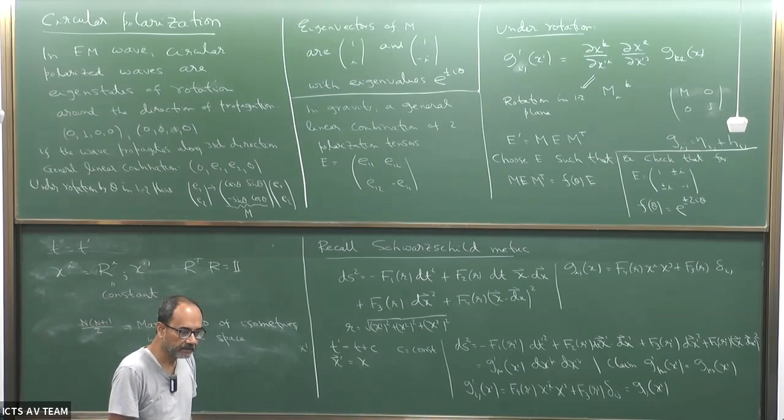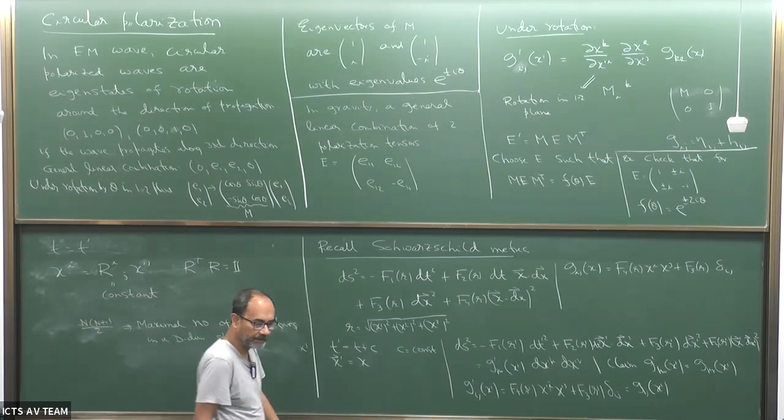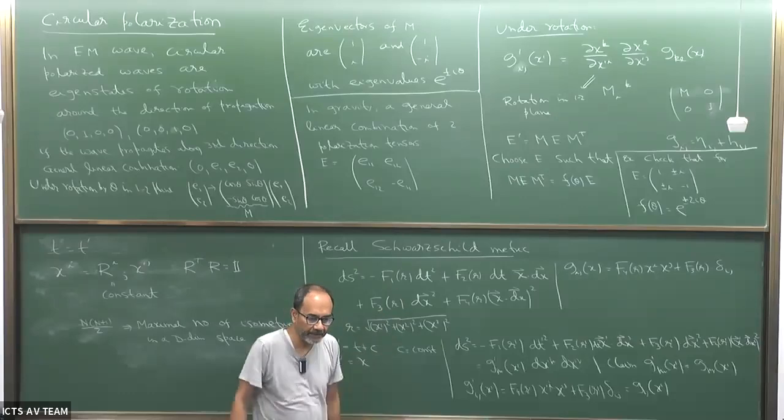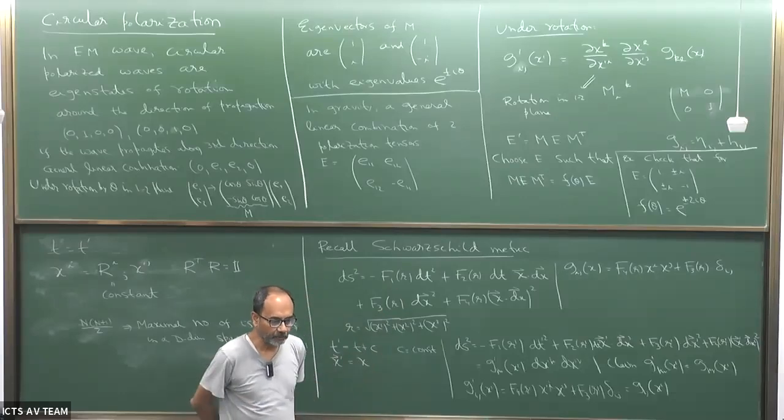But if you make some general transformation, then it may not be true. It will still be true. Take the Schwarzschild metric and make a general coordinate transformation, writing the Schwarzschild metric in a different coordinate system. The claim is that it will still have isometries.